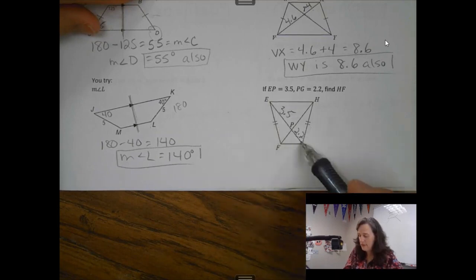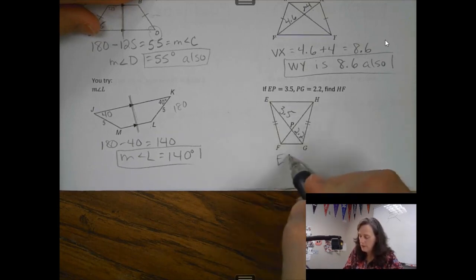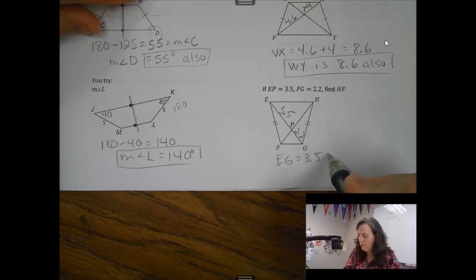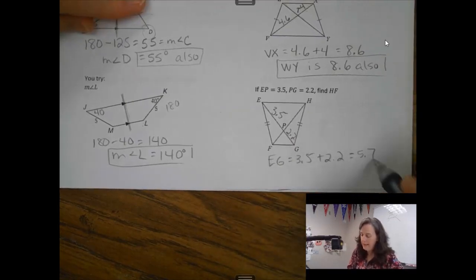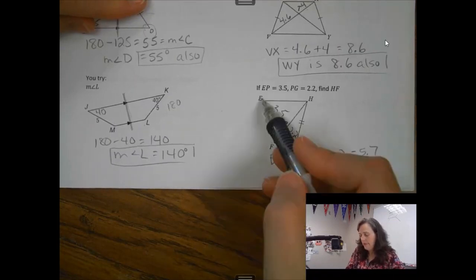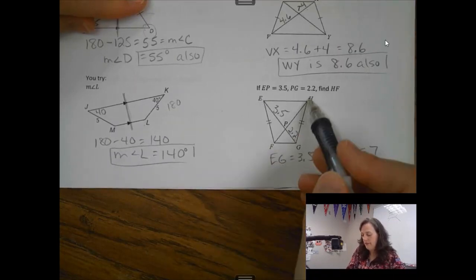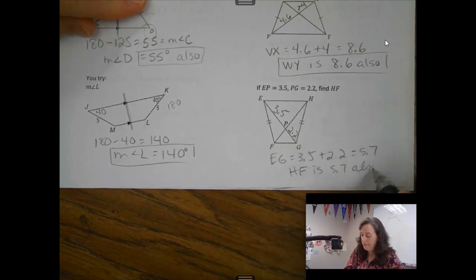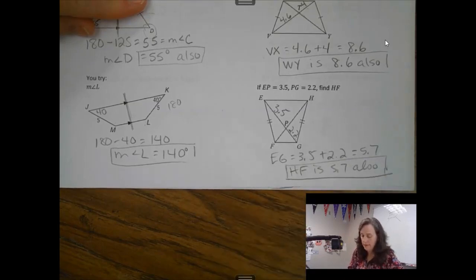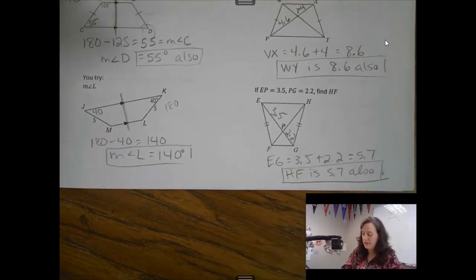This guy, total, EG is 3.5 plus 2.2, which is 5.7. And if that diagonal is 5.7, I know HF is 5.7 also, because they are congruent. Okay. All right, so isosceles trapezoids. Let's turn the page over.